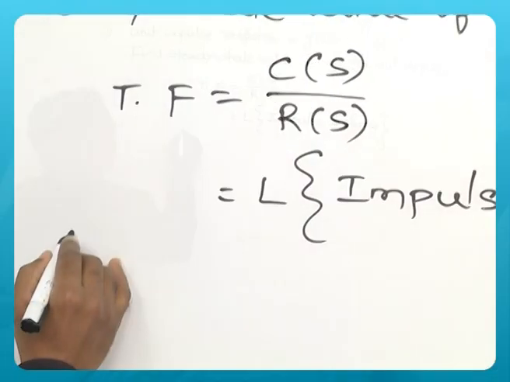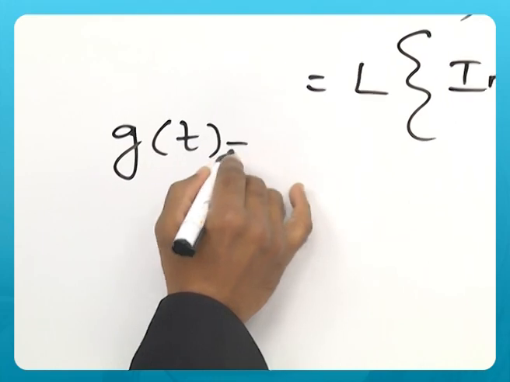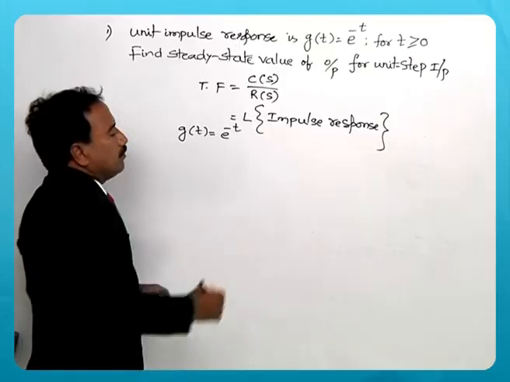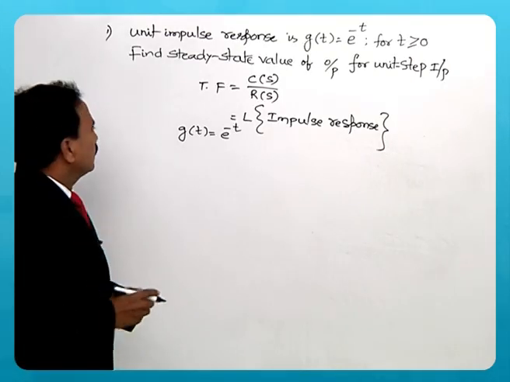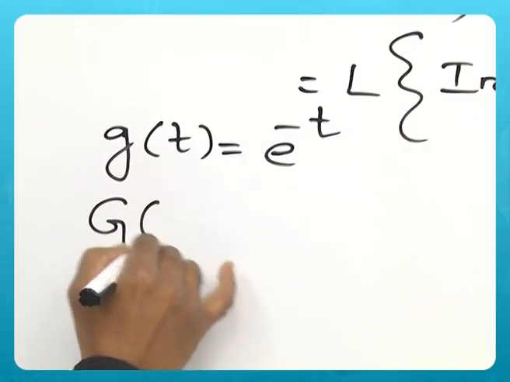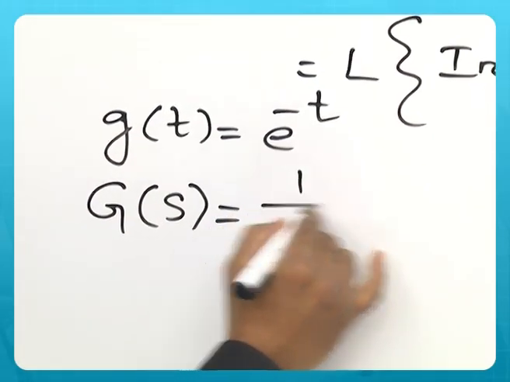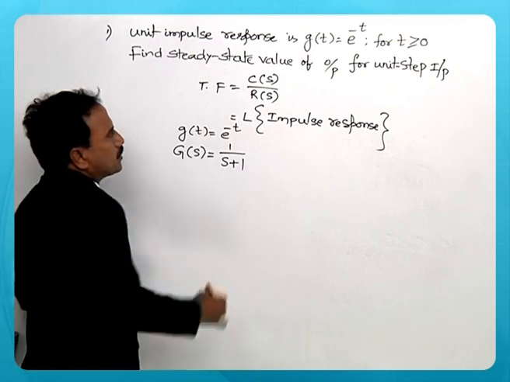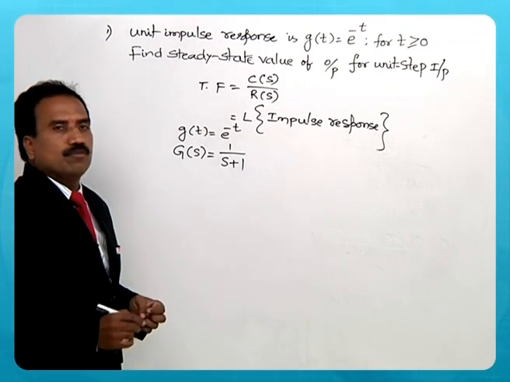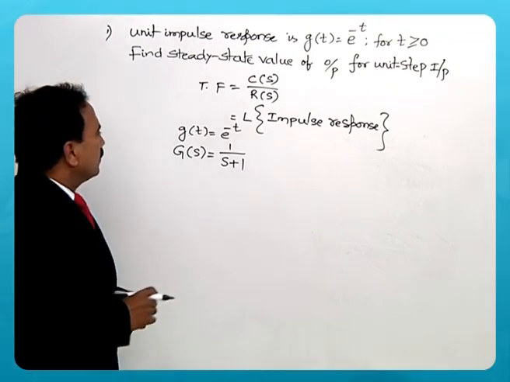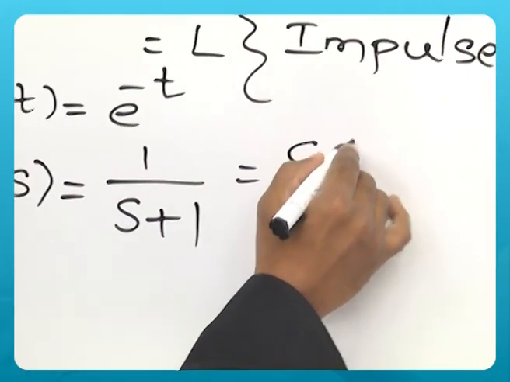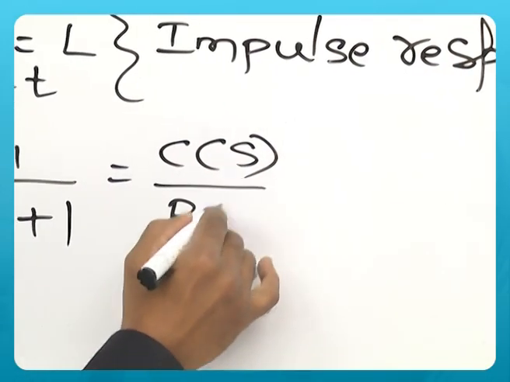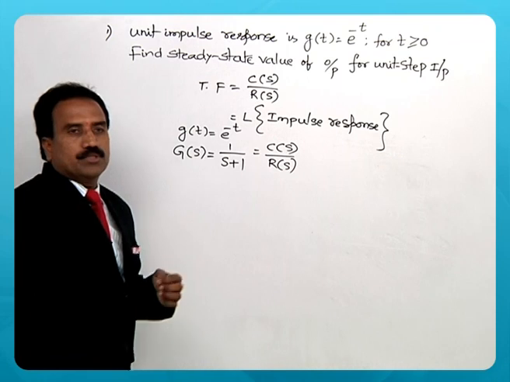G of t is given as e power minus t. So if you apply Laplace transform to this, G of S is 1 by s plus 1. This is nothing but C of S by R of S for impulse input.